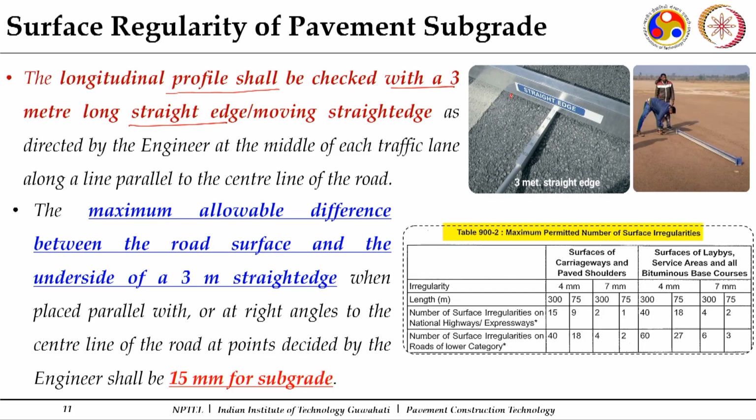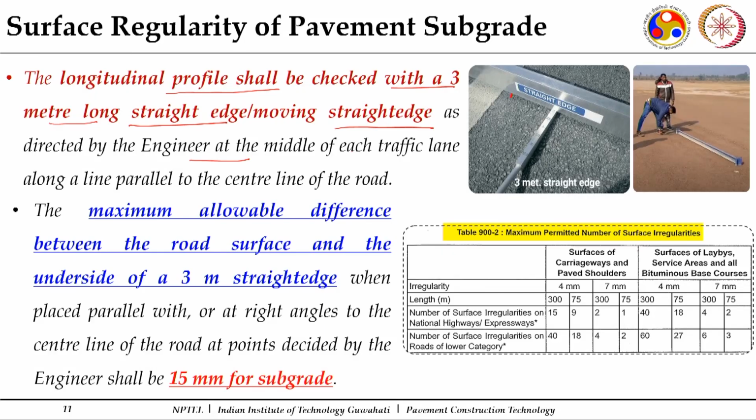So, with this straight edge we are going to check the surface regularity, and this starts from the subgrade construction itself. We can take longitudinal profile measurements using a 3 meter long straight edge. We call it a moving straight edge, as directed by the engineer, especially the engineer in charge, who is the one who finally oversees the construction.